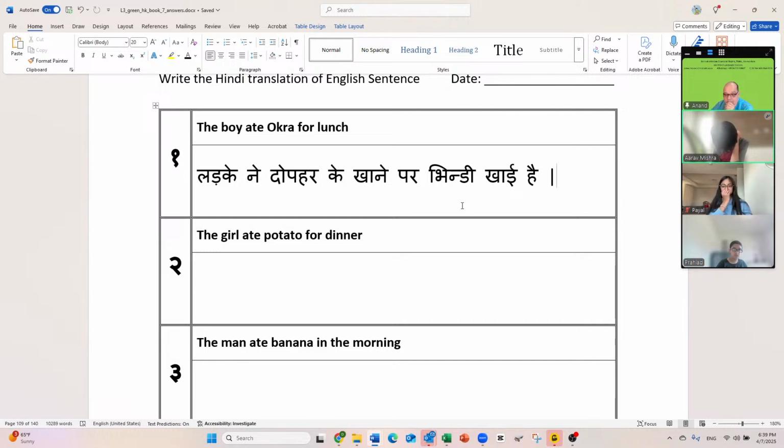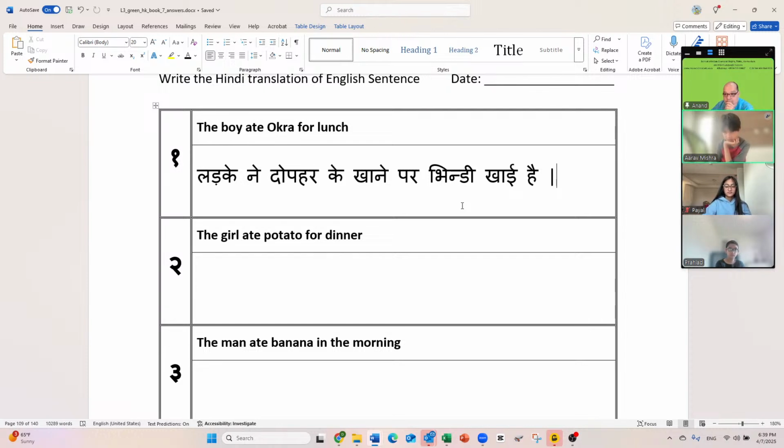What is dinner? Look for the word for lunch in the earlier sentence and figure it out. लड़की ने खाने पर आलू खाई है.